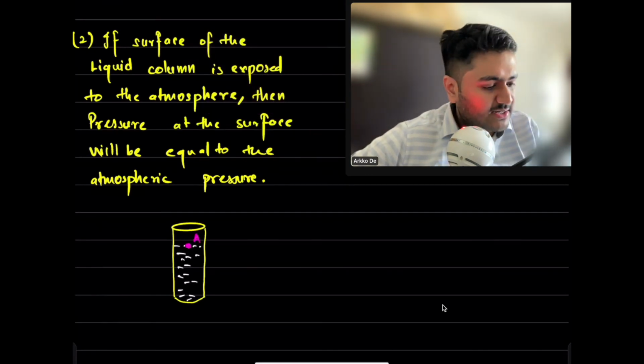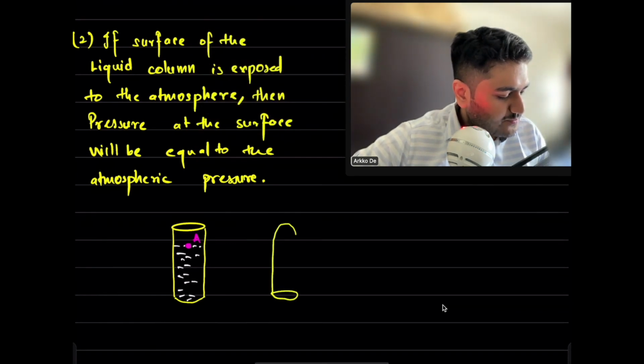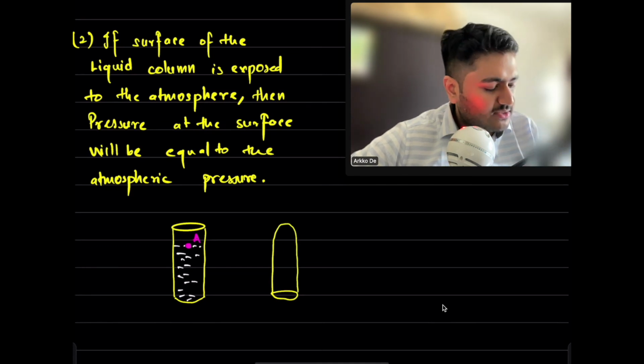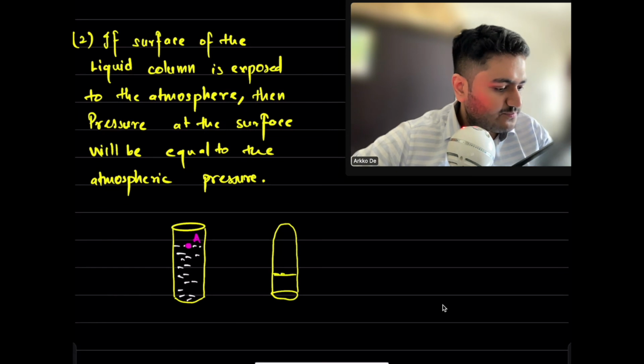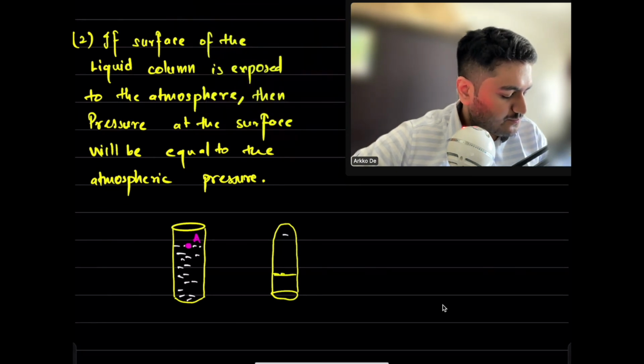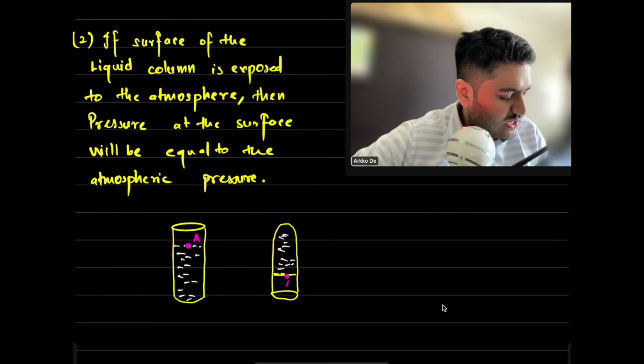Let's take another example where I have completely inverted the test tube, and the liquid here is inverted as well. Then I need to find the pressure at point A again.